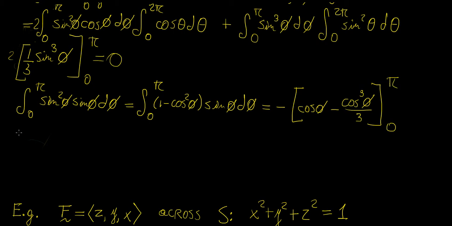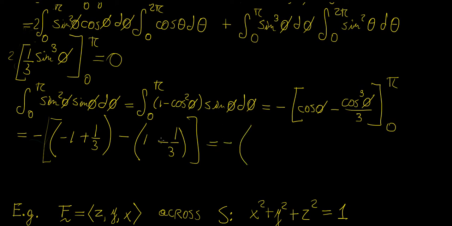So let's see what we get. This is going to be minus. Okay, so at pi we have -1, then we have -1 to the power 3, which is -1, so it becomes +1/3. And then we're gonna subtract. We're gonna have 0 here, so that becomes 1 minus 1/3.